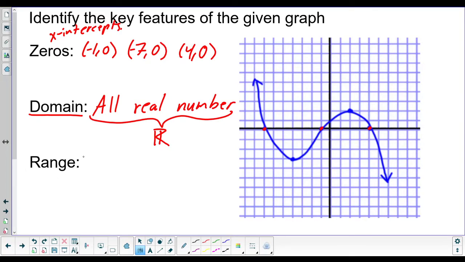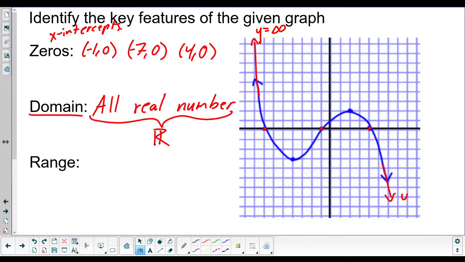Okay. Now, range is a tricky part. Not all polynomials have the same range, unfortunately. So we have to look at this. We have a graph that's going up forever. We have an arrow pointed up. This means it will go up to y equals infinity. Okay. Then it comes down, down, down, down, curves back up, drops back down. Then we have an arrow pointing down.